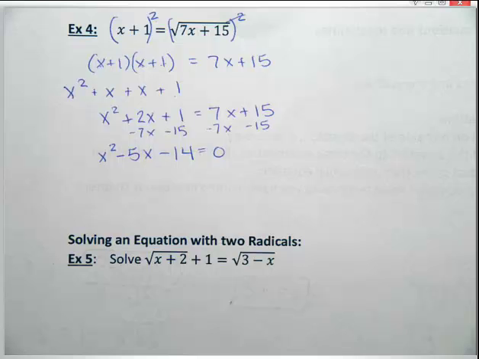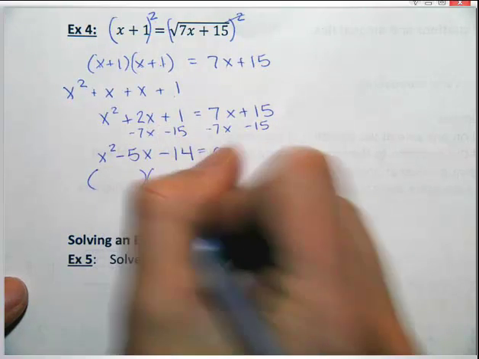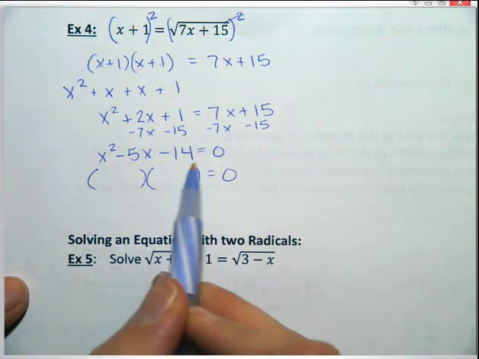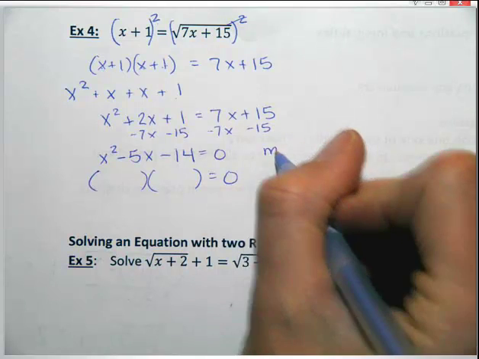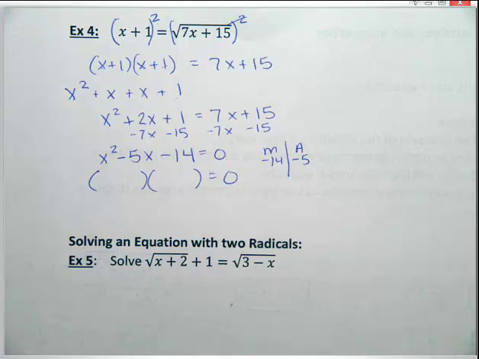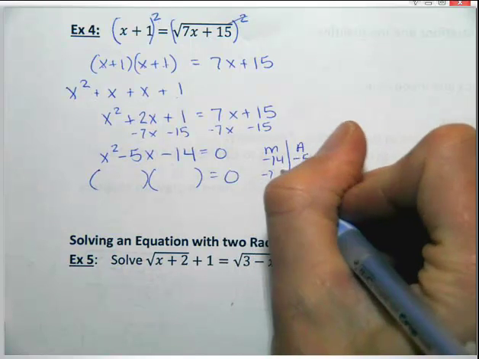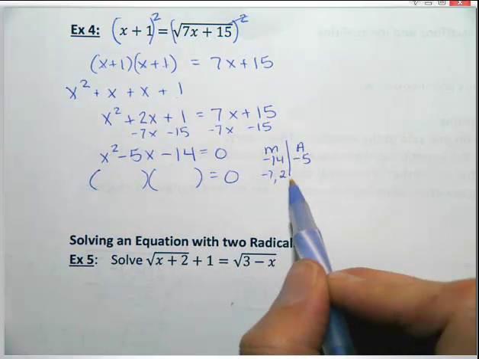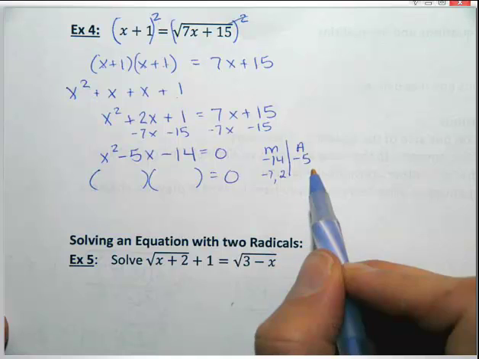I do not want to have to use the quadratic formula unless I have to, so I'm going to try to factor this. Are there numbers that exist that would multiply to negative 14 and add to negative 5? Jenna? Negative 7 and positive 2 would multiply to negative 14, and those numbers would add to negative 5.